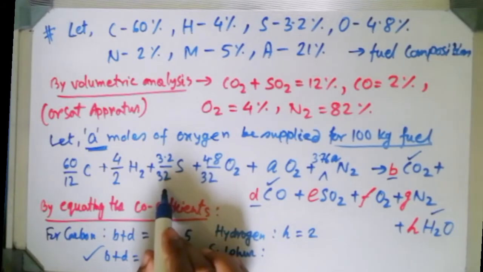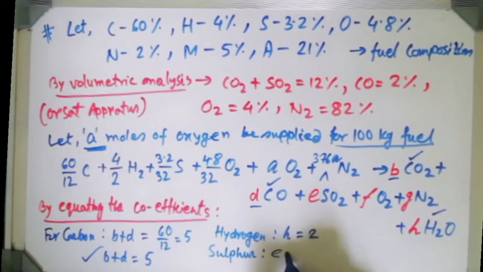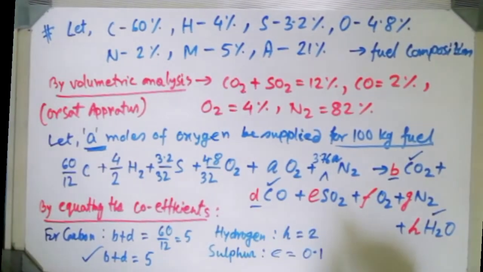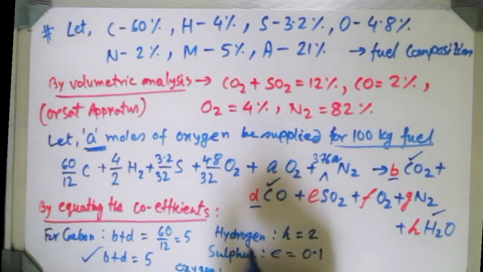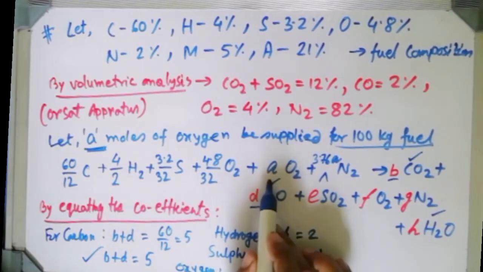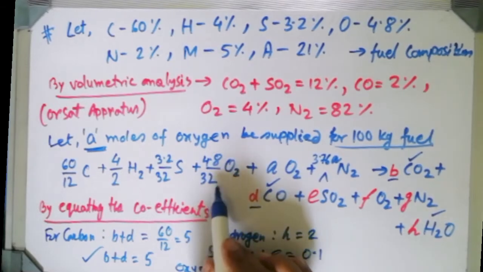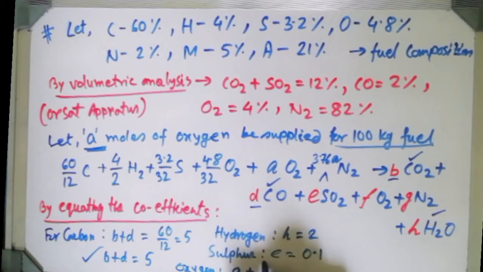Then coming to oxygen, on the left hand side you can see A, and here 4.8 by 32, so A plus 4.8 by 32 on the left hand side. One second, how much is 4.8 by 32? It is 0.15.